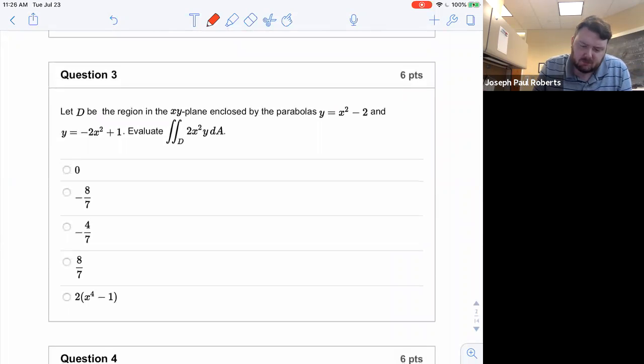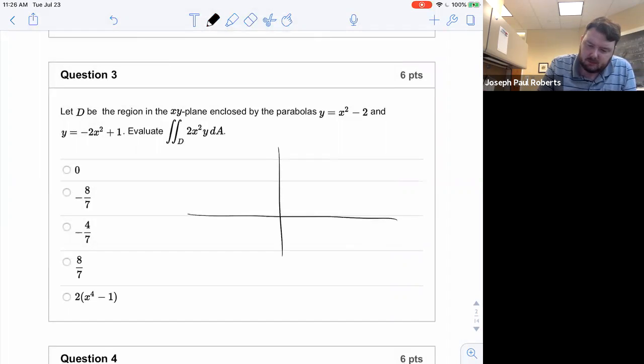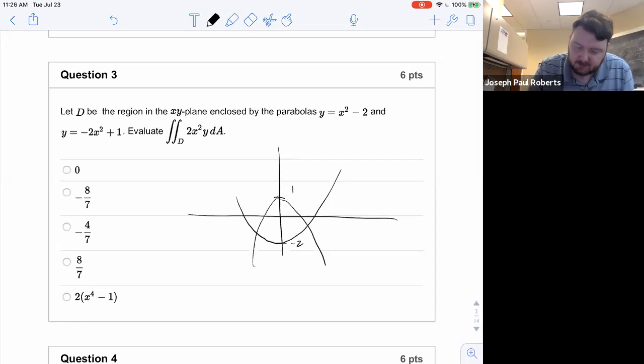So let D be the region in the xy plane enclosed by these parabolas. Okay, so y equals x squared minus 2 is just your standard parabola shifted down by 2, and y equals minus 2x squared plus 1 is going to be a squished parabola, but then shifted up. So we have something that looks kind of like this.